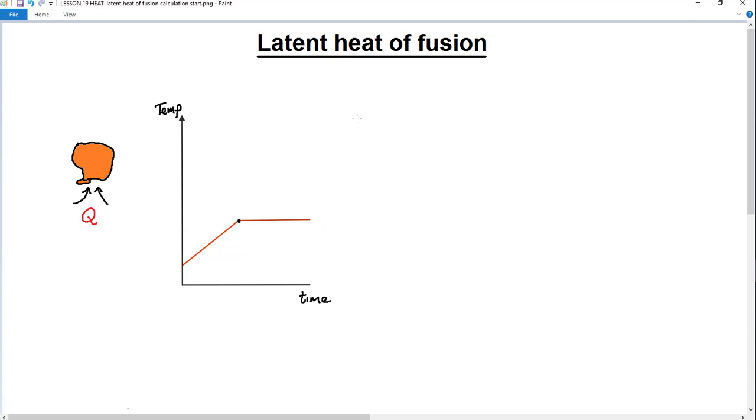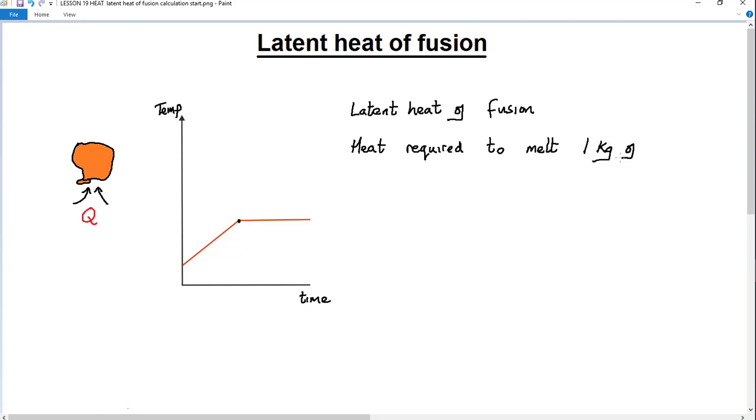We can define the latent heat, and in this case it's the latent heat of fusion, because we're in the melting process, as the heat required to completely melt 1 kilogram of substance. That's a simple expression which can be written as a simple formula. For latent heat we use the symbol L, and because it's latent heat of fusion we put a little f there.